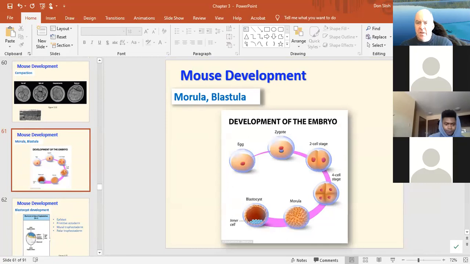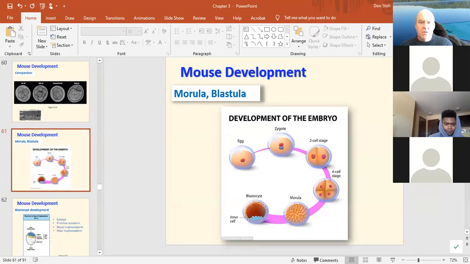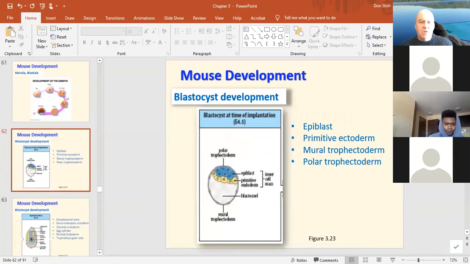So let's take a look at that back. This is not from your book. This is from a different thing. Here's a figure from your book. So here's your blastocyst. You've got two different types of cells here that all came from that original embryo. Actually, more than two different types. So you've got these cells on the outside that are mural trophectoderm, and then you've got polar trophectoderm.